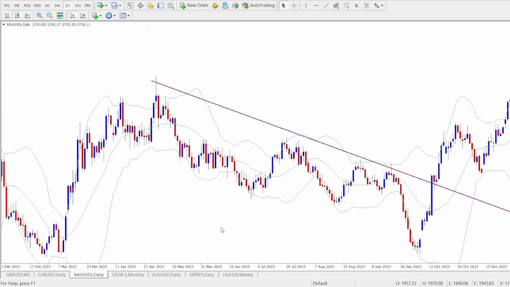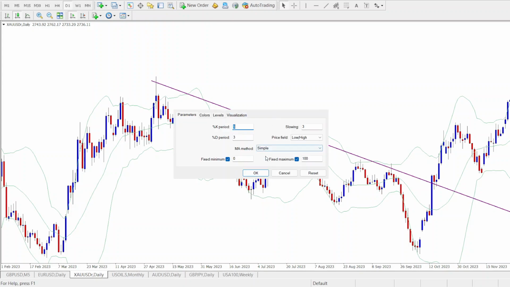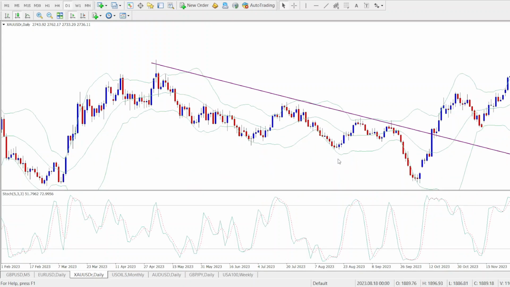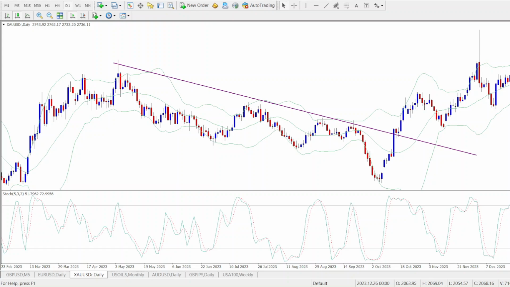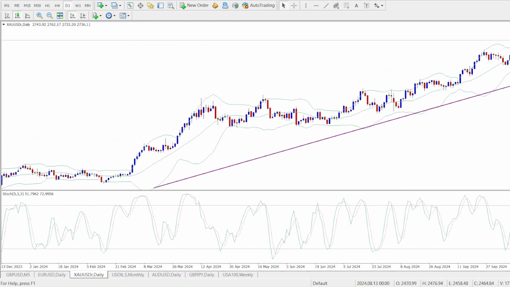Now, let us move on to the stochastic oscillator. I'm just going to be adding the stochastic oscillator to the chart. The stochastic oscillator is a momentum indicator that compares a particular closing price of an asset to a range of its prices over a specific period.